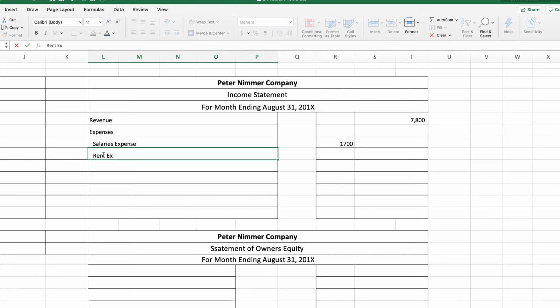Rent expense for September is $900. The next expense, again taken from item 6, is advertising expense, and my advertising expense is $450. And then I have one more expense, right? That $170 for utilities.